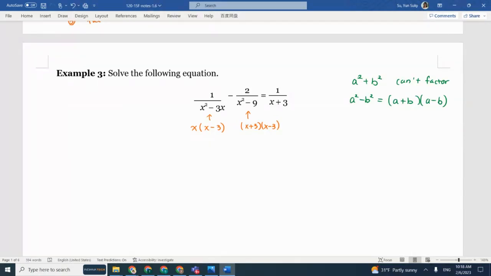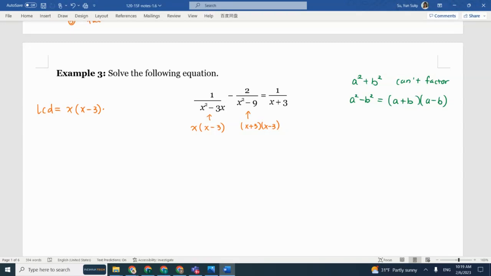Okay, and then the last term we have x plus 3 as the denominator. So our least common denominator will be, you collect all the factors in the denominators. The first one, we have the x, and we have x minus 3. So x and x minus 3. And then look at the second term.